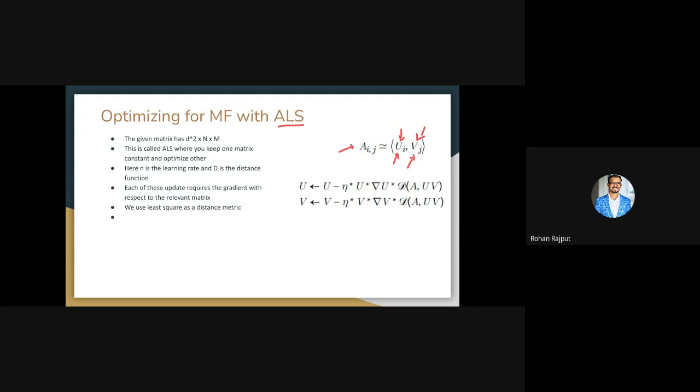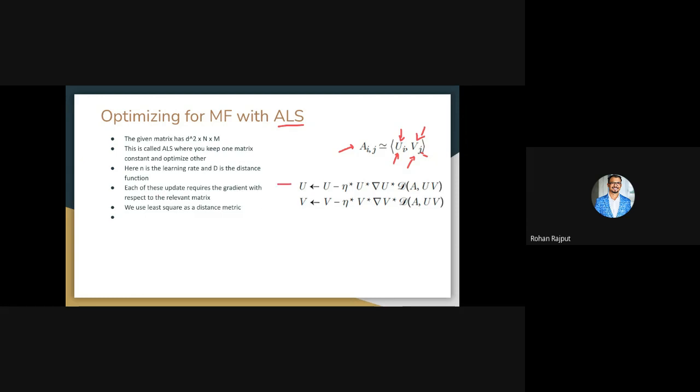So we'll keep V constant and then optimize U, and then we'll keep U constant and optimize V. This is the optimization technique we'll use. Now this is an approximate solution. It does not guarantee the global minima, but it's better than just trying to optimize both of them together. And we'll see why that is very difficult.